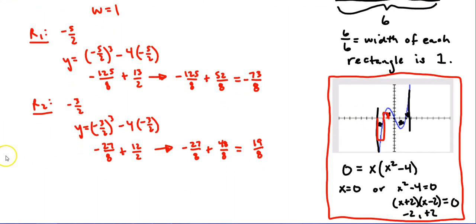Third rectangle. Because this thing is symmetric, it's going to look pretty similar. So hopefully we'll come up with something similar there. Midpoint of that is going to be -1/2. Plug it into that function, x cubed minus 4 times x.